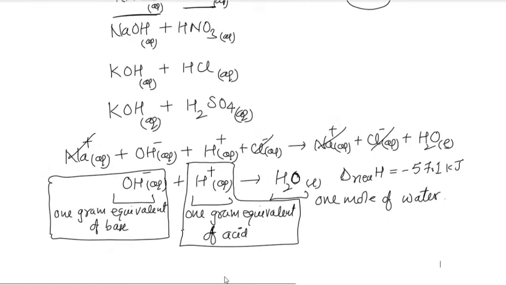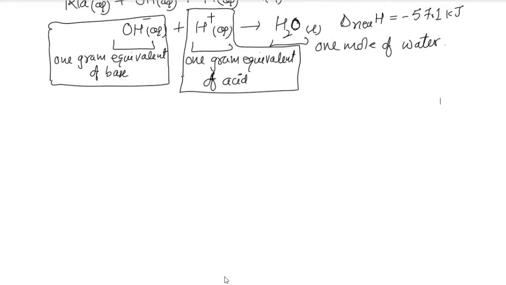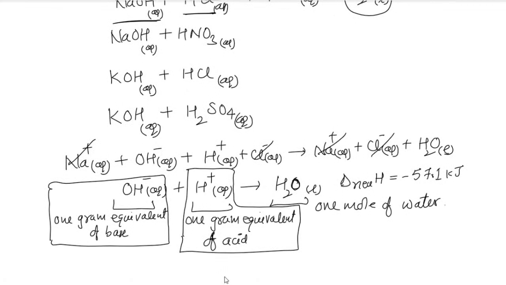But what happened if we have, say, if I write here H2SO4, so it should be written as half H2SO4, so that it will give simply 1 mole of H plus ion. So you can write it as KHSO4 as well as H2O liquid.